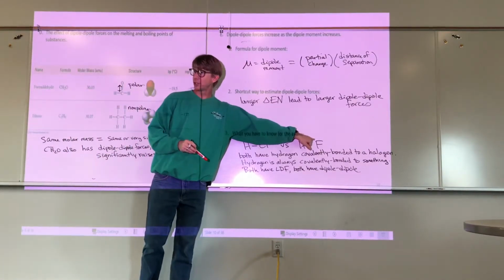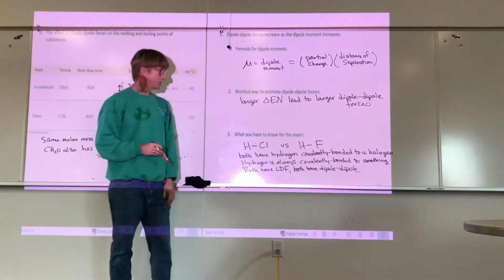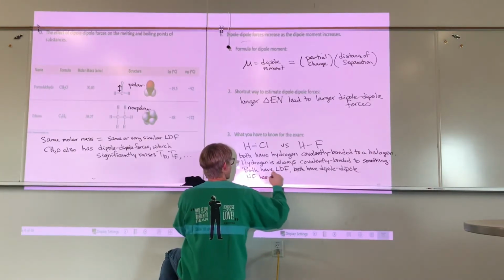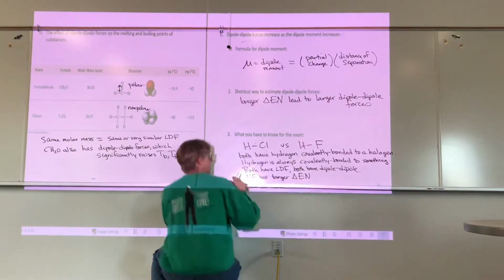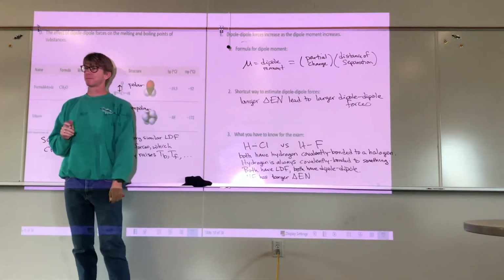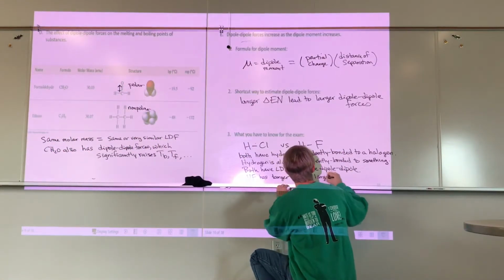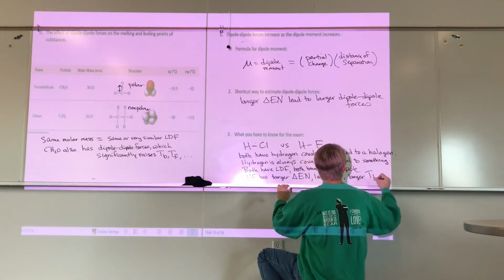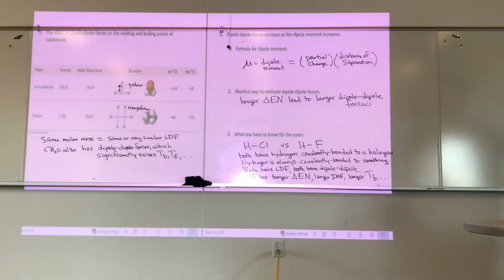HF has a larger delta En, therefore HF has a larger IMF. HF has larger delta En, larger IMF. And therefore a larger boiling point, freezing point.